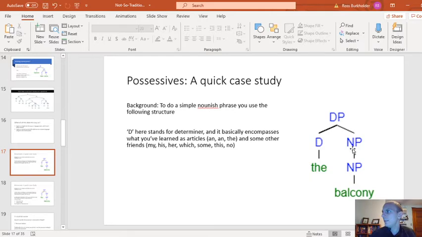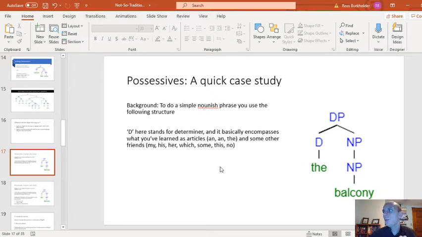Here, DP goes to D. The D in this tree that you're looking at stands for determiner. Determiners are a certain part of speech.